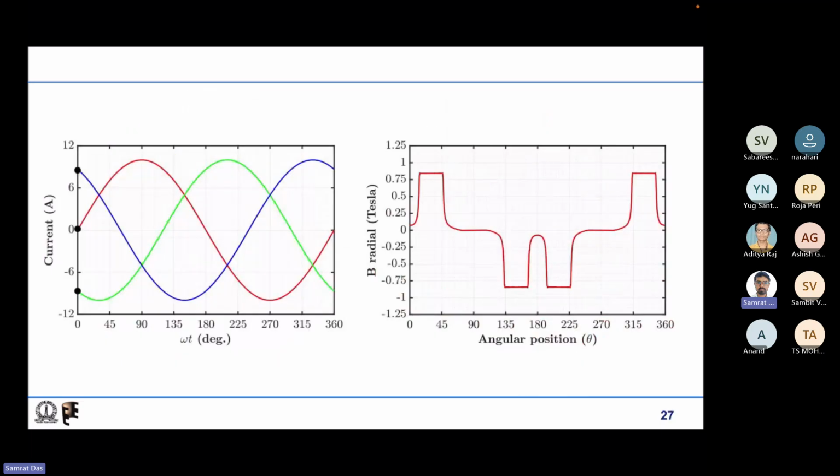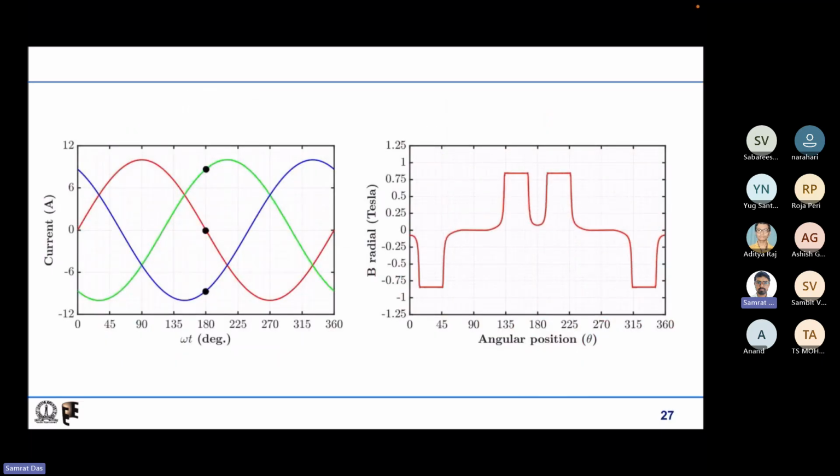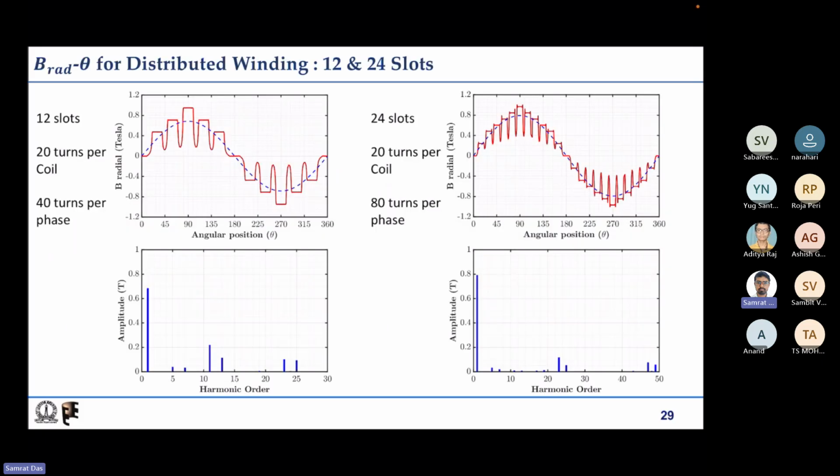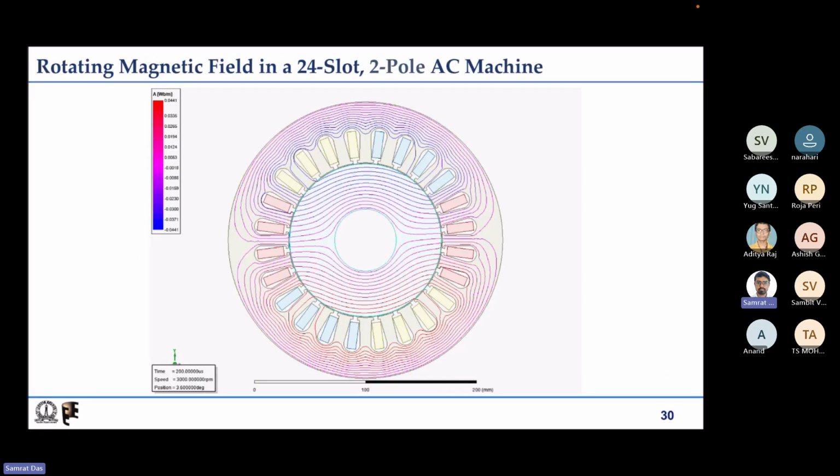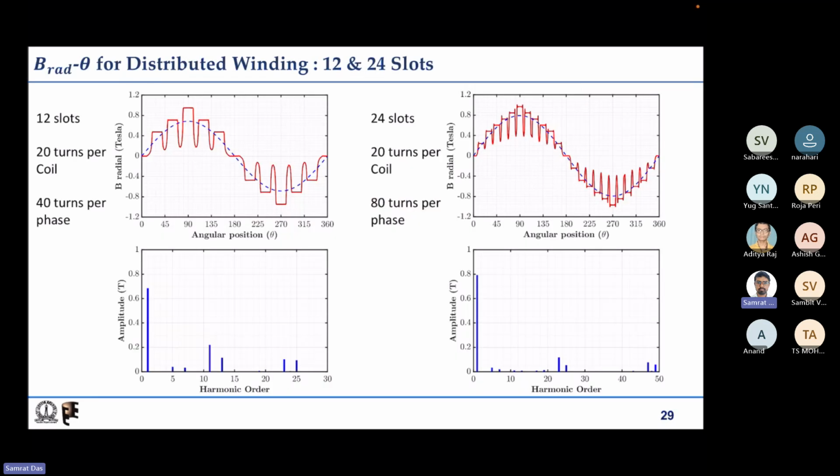Now we looked at different instances, and after that we looked at how the field traverses as we move ahead in time. We saw that with a higher number of slots, it is possible to reduce the harmonics in the B distribution. That is what are called space harmonics. And we looked at how to make the winding for that.